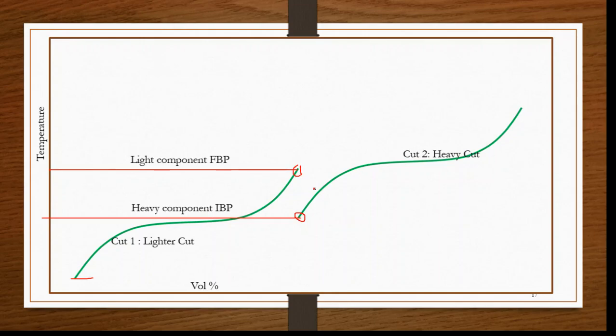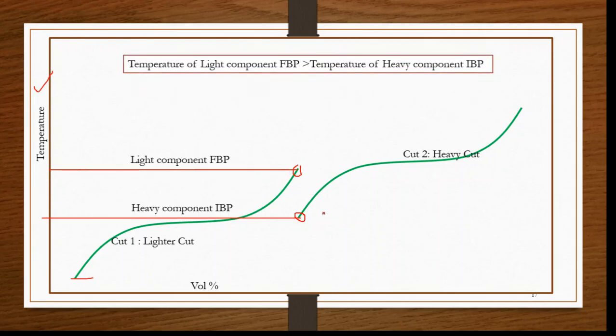The second important thing is that although their values are different, the y-axis is the temperature, but that temperature relationship is important here. The relationship means the light component's final boiling point, although it is a light one, is greater than the temperature of the heavier component's initial boiling point. That relationship is very important. Always the light component final boiling point is higher as compared to the initial boiling point of the heavy cut.